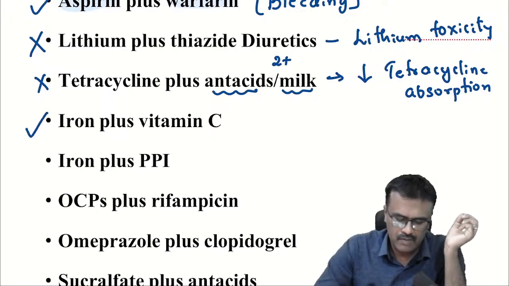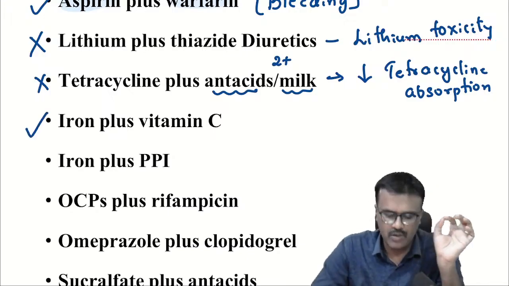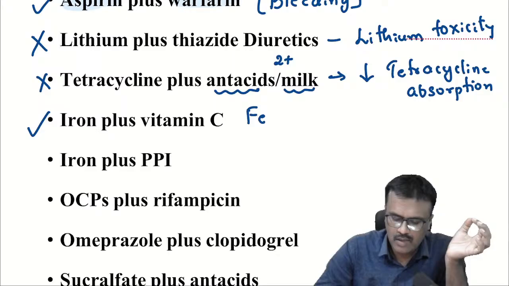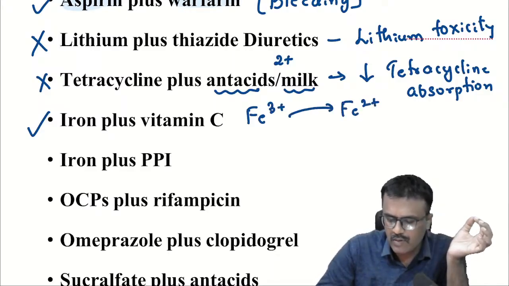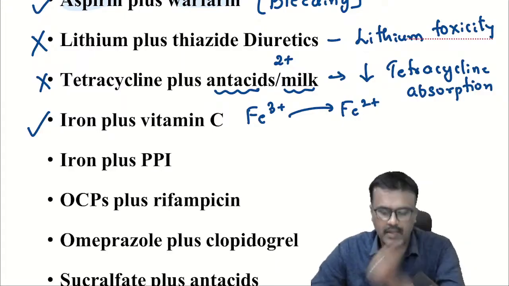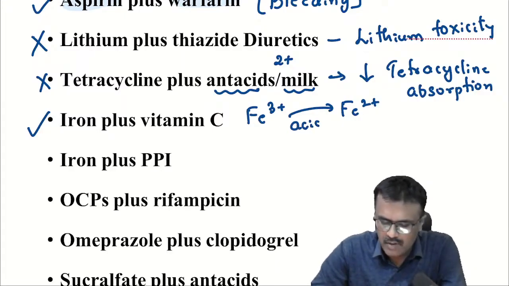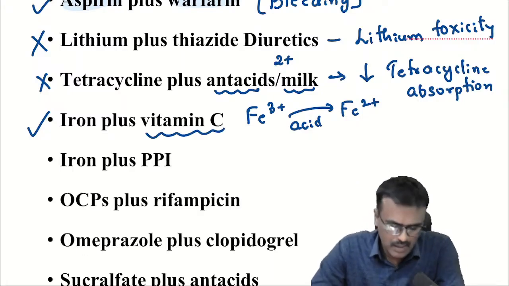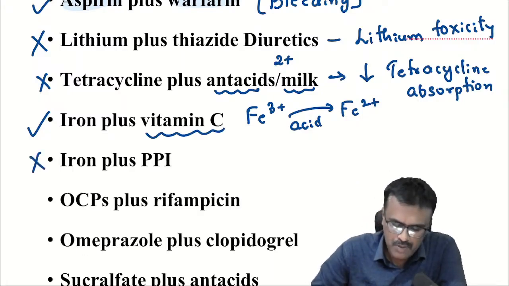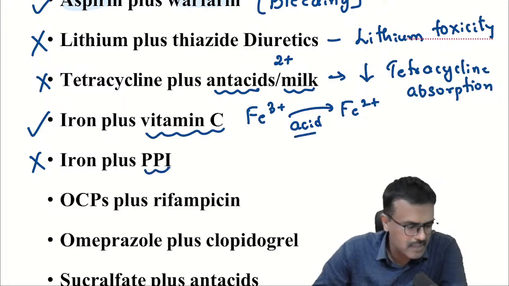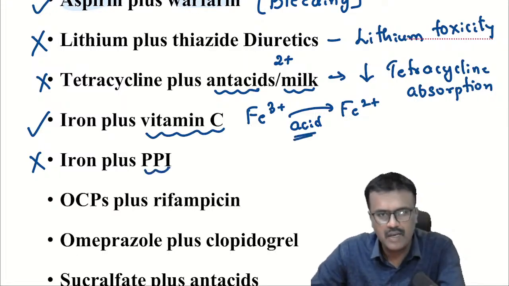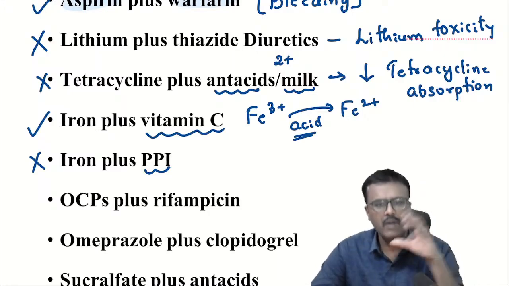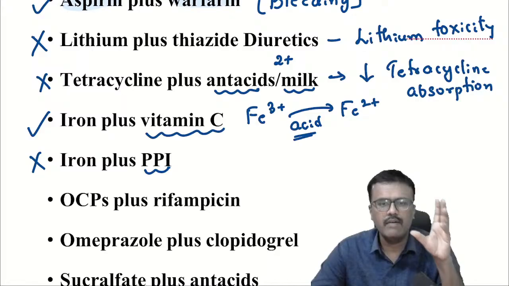Can we give iron with vitamin C? Obviously, because Fe3+ ferric should become ferrous and that is going to get absorbed. And that is done in acidic environment and that is provided by vitamin C. Iron with PPI? No, because PPI will reduce the acidic content and iron absorption will decrease. That's why if you give PPI for very long periods, patient will have iron deficiency anemia.